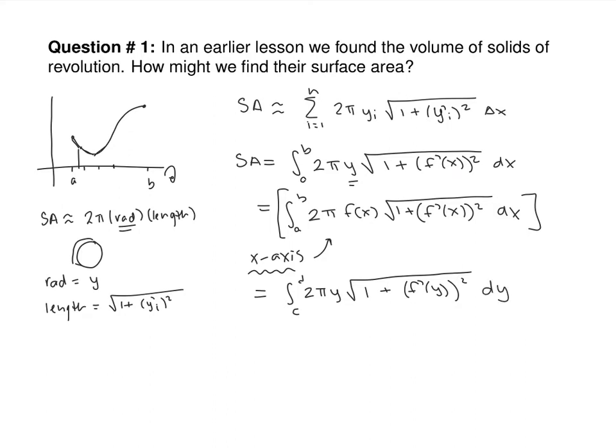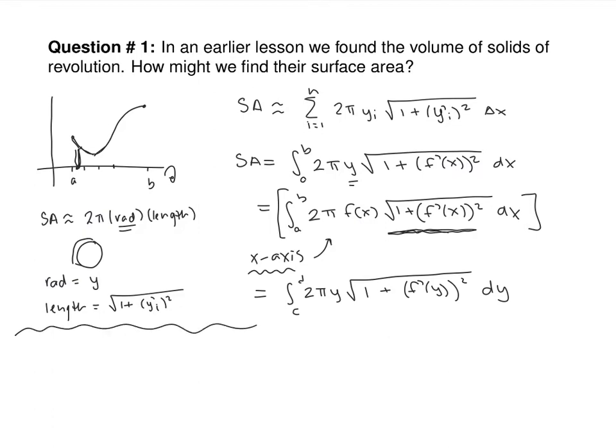That comes from the fact that when we derived the arc length formula in a previous lesson, we pulled out dx, and we could have also pulled out dy if we had reversed the relationships. This also finds surface area about the x-axis; you have to have a distance from there up. In this case that's y, and y can either be f of x or y. Which one you want depends on if your curve is solved for x or for y.